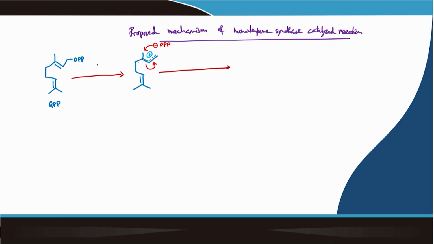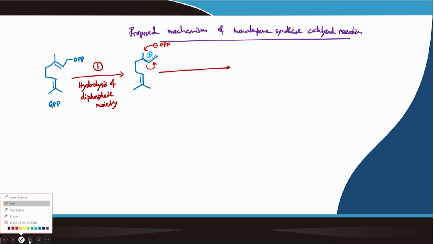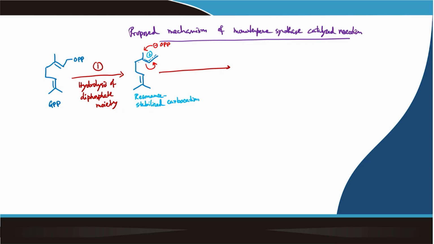So, the first step, number 1, is hydrolysis of the diphosphate moiety, and this leads to the formation of a structure called a resonance stabilized carbocation.